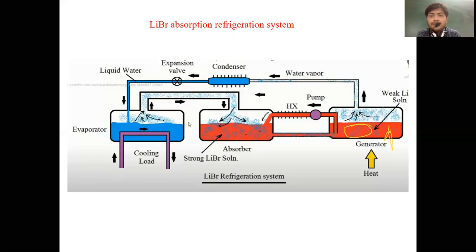The boiling point of water is 100 degrees, and that of lithium bromide is higher. That's why the vapor particles of water flash off first and go to the condenser, where they condense into liquid water. Through the expansion valve the pressure is dropped, which is the function of the expansion valve, and then the liquid water goes again to the evaporator.